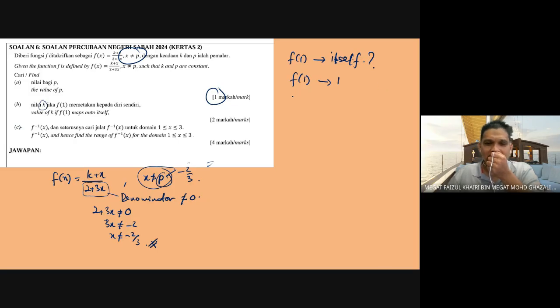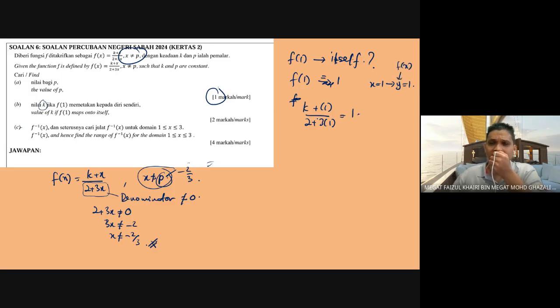So meaning here, f(1) equals 1. So f(1) equals k plus 1 divided by 2 plus 3 times 1, equals 1. The value of x equals 1 and the value of y also equals 1, which is y equal to f(x).